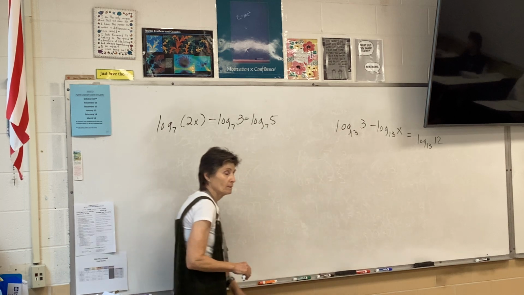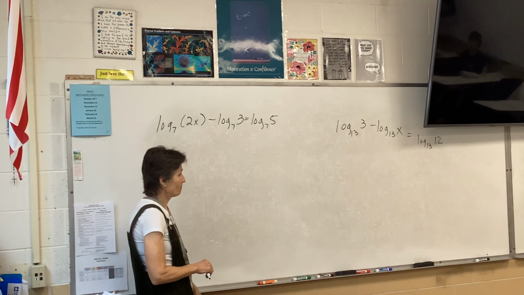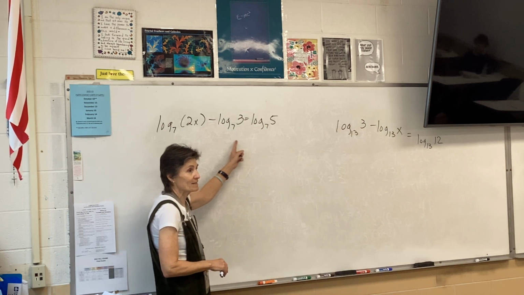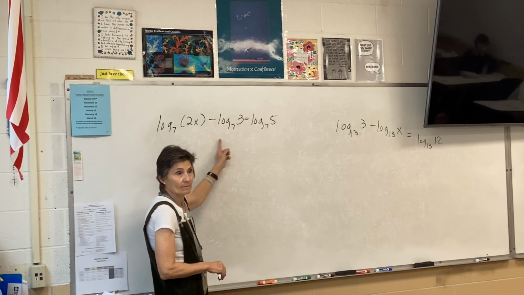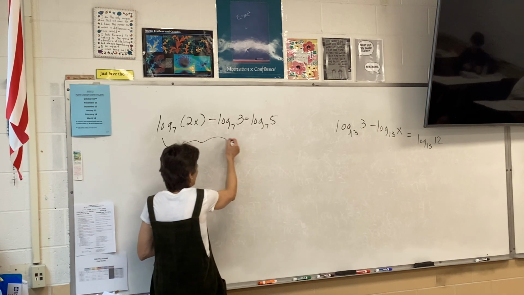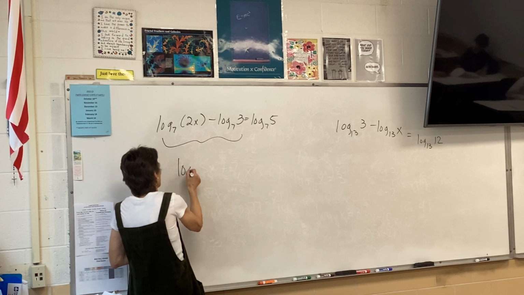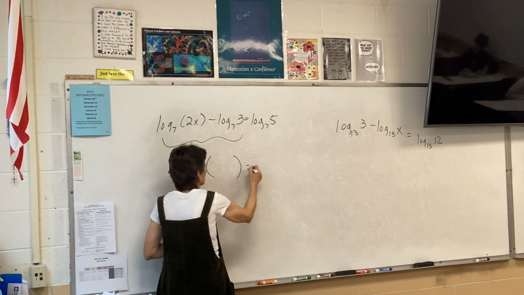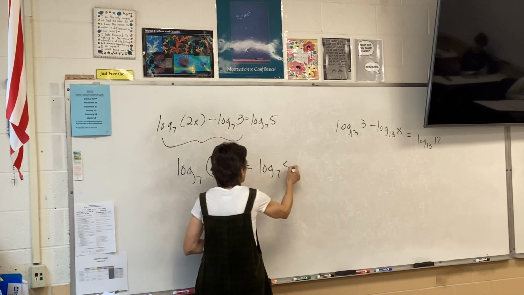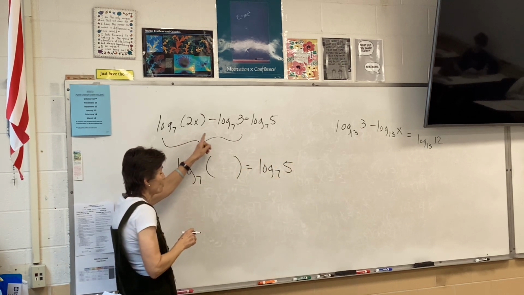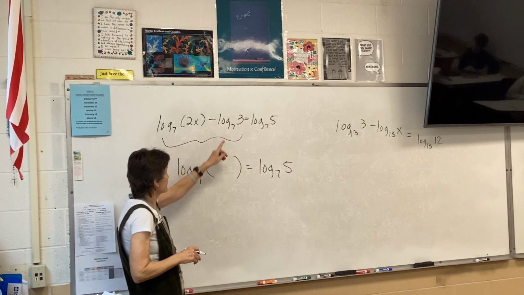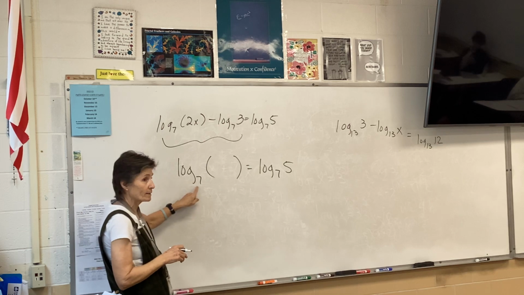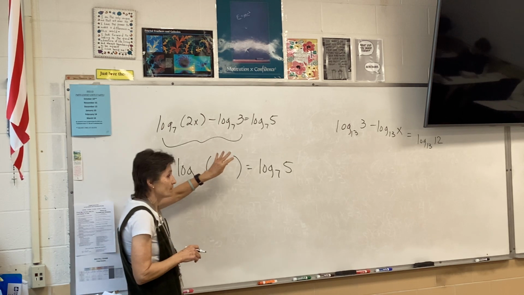Well, first of all, we can't have this. So we're going to put these two together. When you put them together, and again, I'm only looking on the left side here where there are two, I'm going to have one logarithm of something.